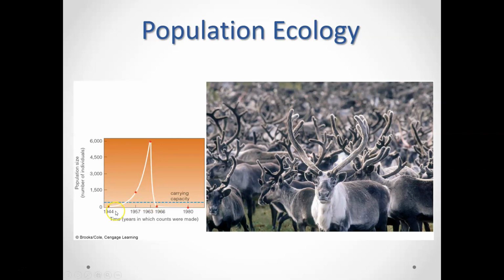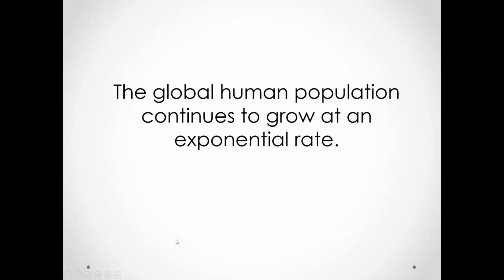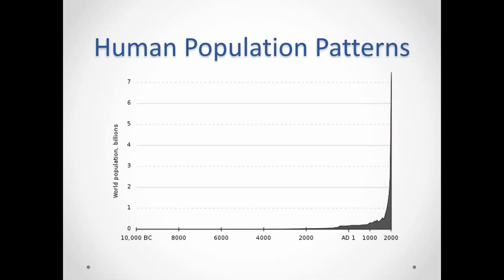But what's interesting to note is that when there's prime optimal conditions, populations can grow exponentially and way, way, way go beyond what the capacity is for their environment to handle that number, and what you'll see is a massive die-off, essentially.